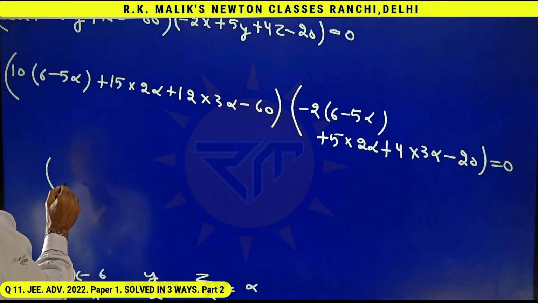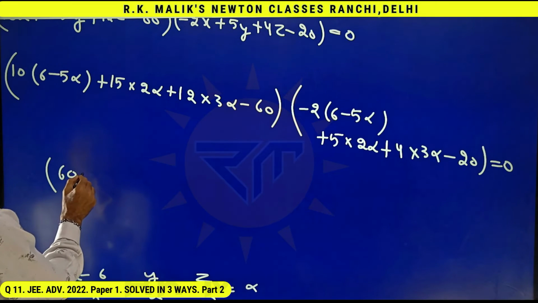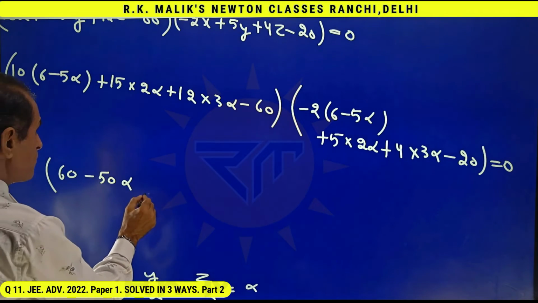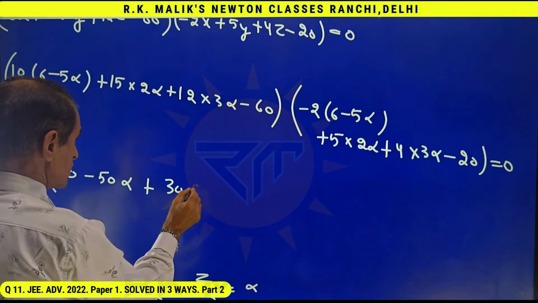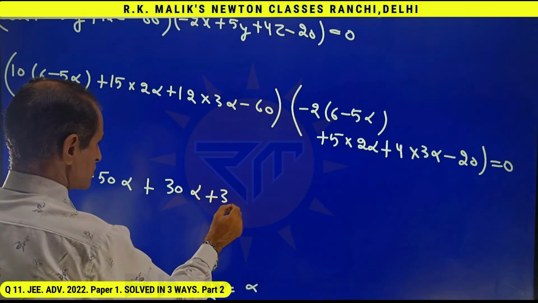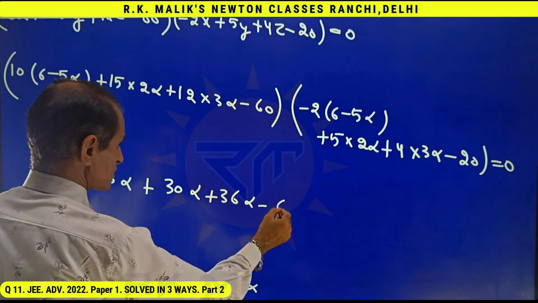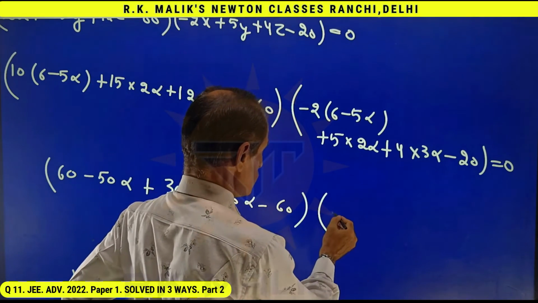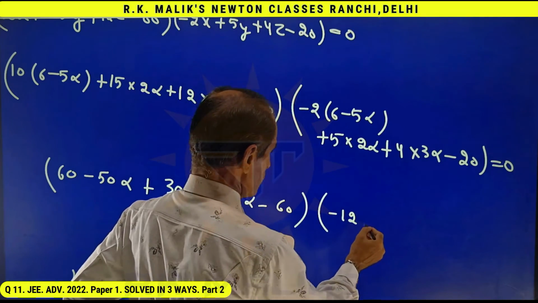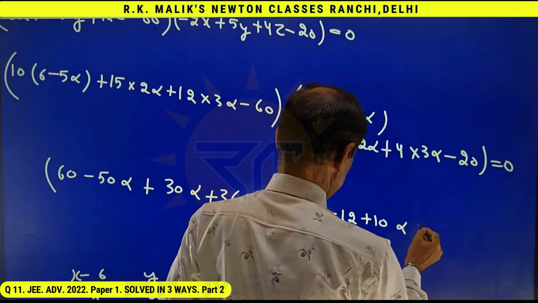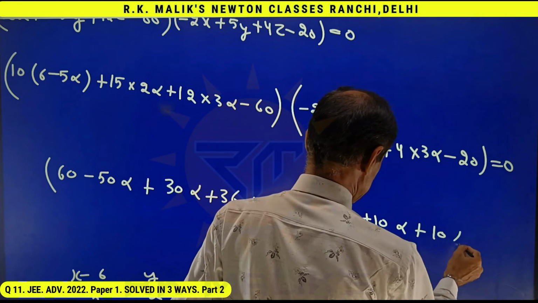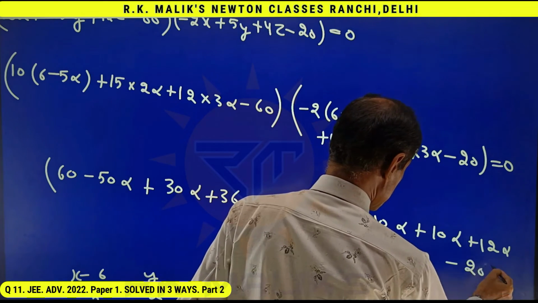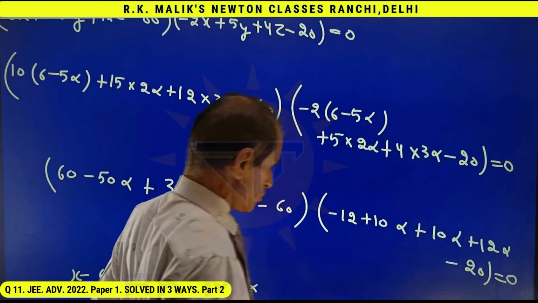That is, I get 60 minus 50 alpha plus 30 alpha plus 36 alpha minus 60 into minus 12 plus 10 alpha plus 10 alpha plus 12 alpha minus 20 equal to 0.